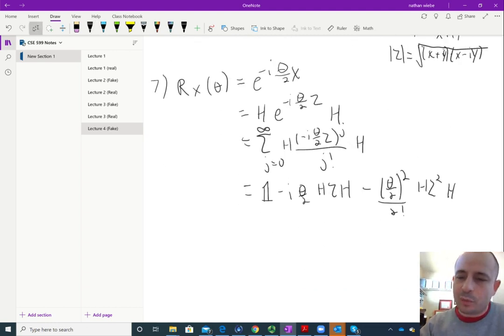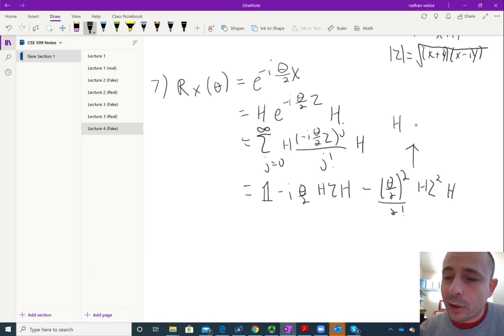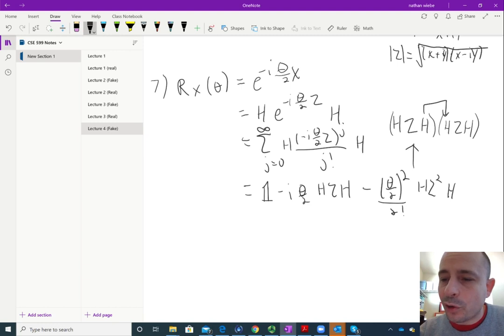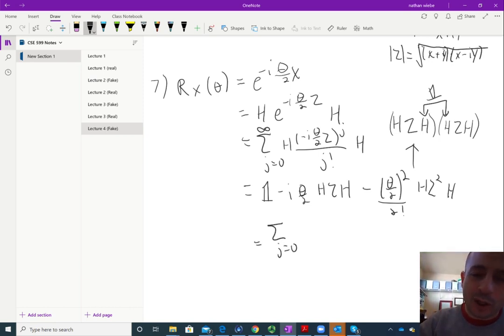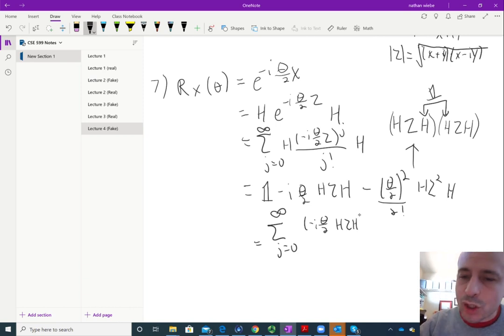But we can re-express this term as Hadamard Z Hadamard Hadamard Z Hadamard. The reason why is because Hadamard is Hermitian and unitary, so both of these multiply together to form the identity matrix. So we can express this whole thing by grouping the terms accordingly as the sum of negative i theta over 2 HZH to the j over j factorial.